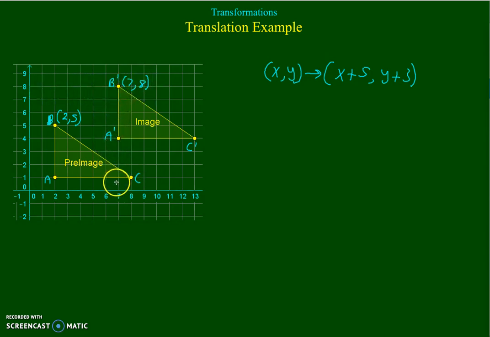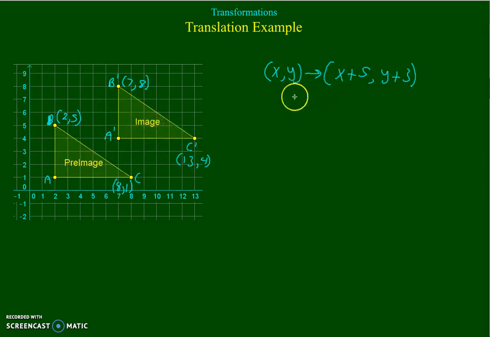This point having coordinates 8 and 1. 8 plus 5 is 13, and 1 plus 3 is 4. And there we have it. That's how you would apply a transformation notation to each point in the preimage to get your image.